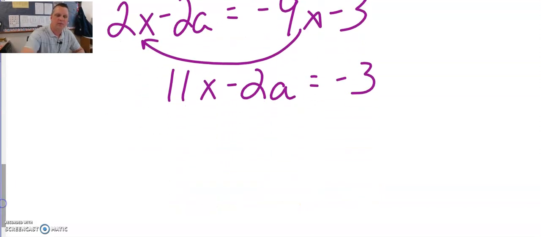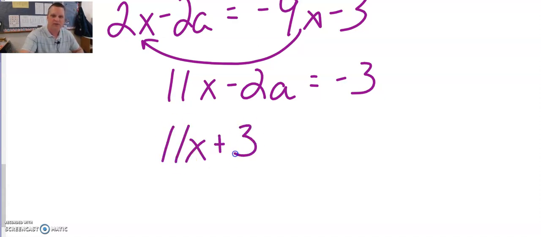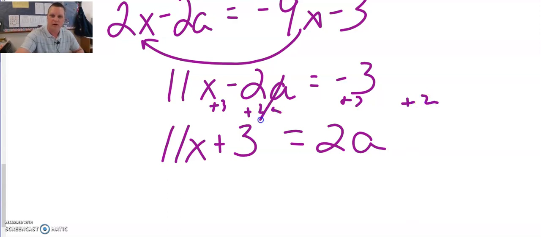Then I'm going to take the 3, move it over, and the a, move it over. Doing it this way, we get rid of the negatives. You won't always get rid of all the negatives, but in this case we do. So we have 11x plus 3 equals 2a, because I added 3, added 2a on both sides. Gone, gone, and moved them to the other side.